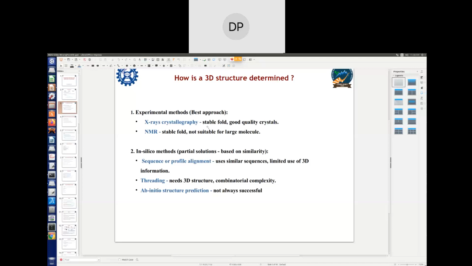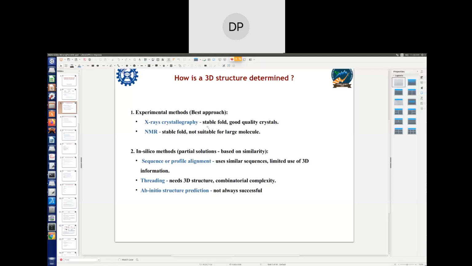On the other hand, we have some in silico methods through which we can get the structure. Sequence or profile alignment uses a similar sequence. After getting the structure through experiment, we had to implement some kind of computational approach also.